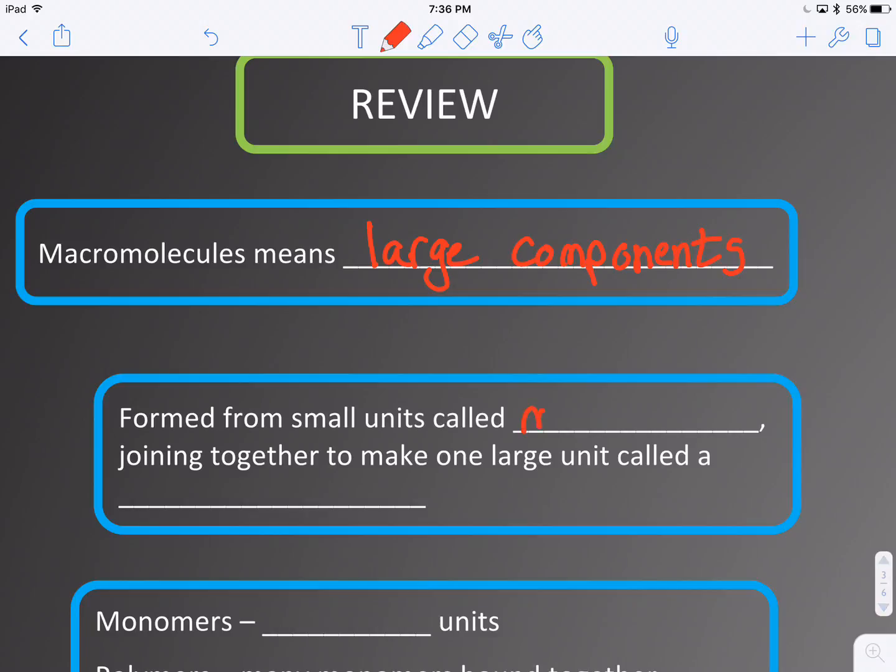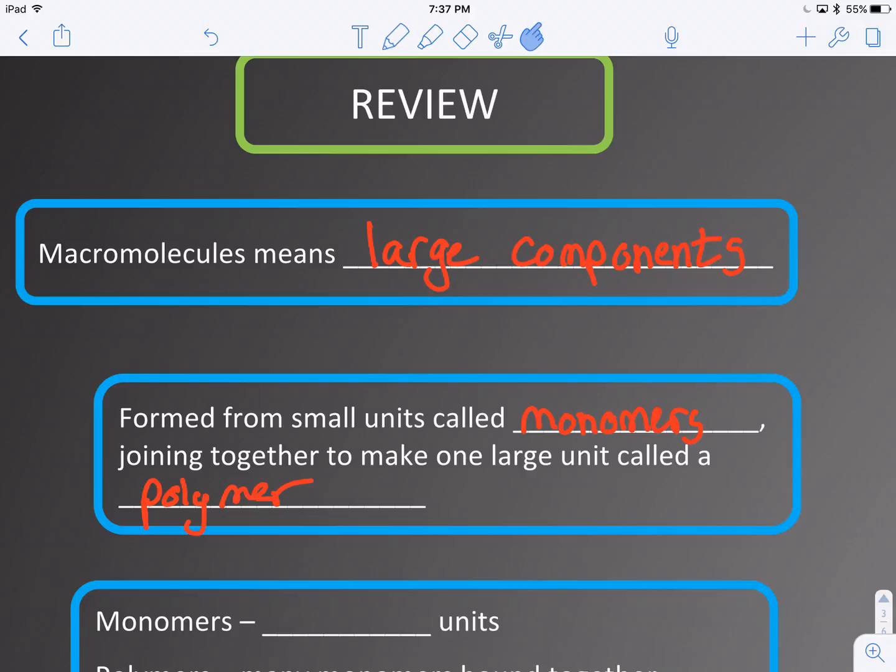This is probably at least the third time we've gone over this, so this should really be getting into a repetitious cycle. And these join into one large unit, which we call a polymer. Again, that should be pretty much review.